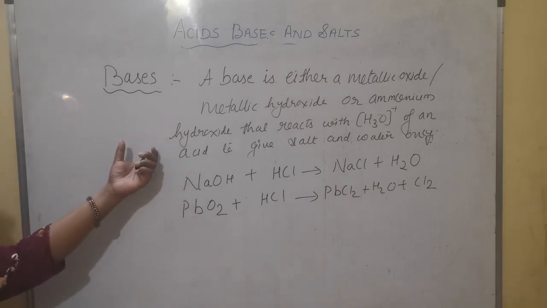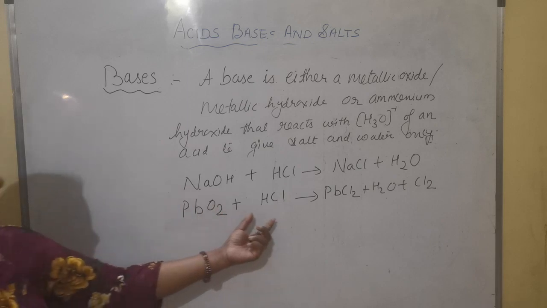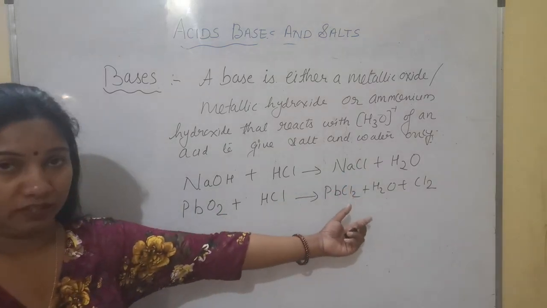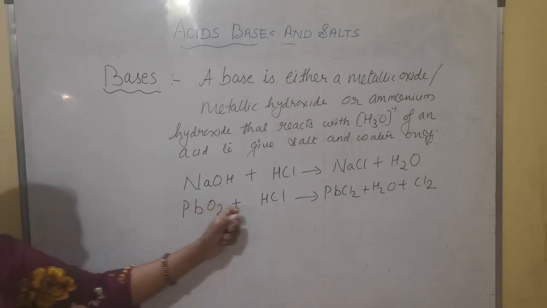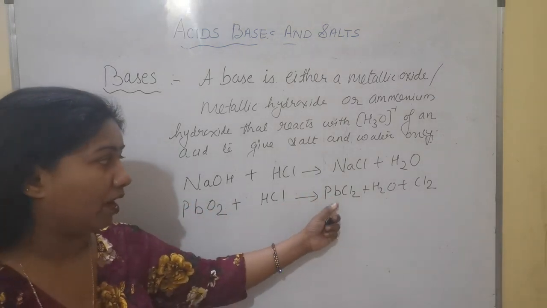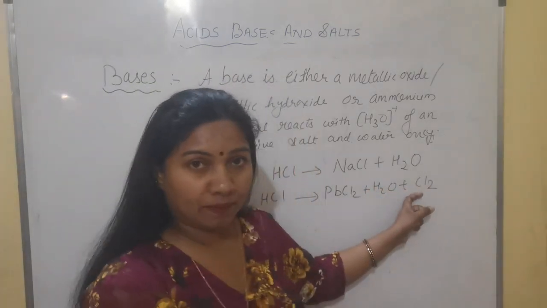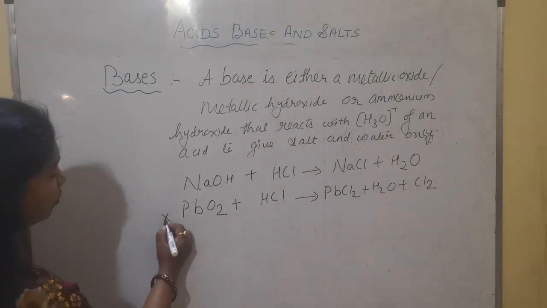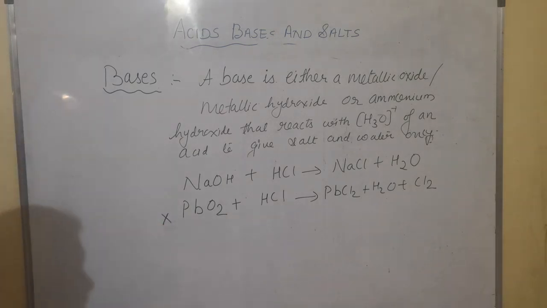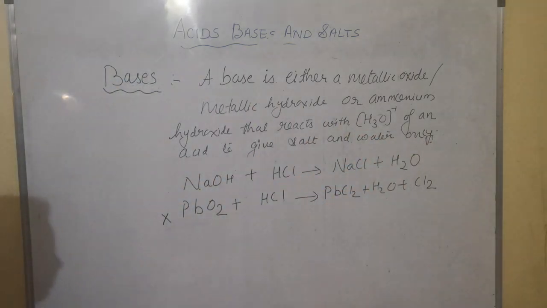In the definition we are saying a base is a compound that when reacted with acid gives salt and water only. But lead oxide, when reacting with hydrochloric acid, apart from salt and water, gives one more compound as a product, and that is chlorine gas. So this lead oxide does not come under the category of a base. That is why this word only is very important in this definition.